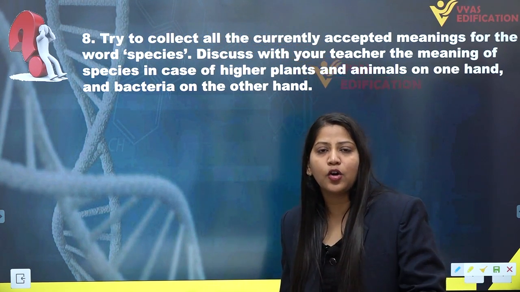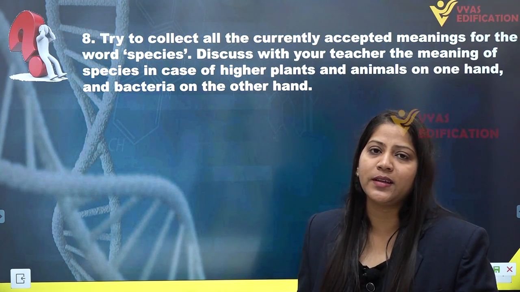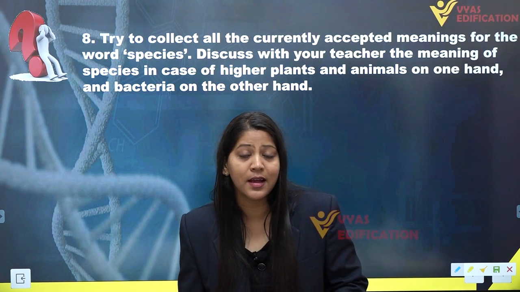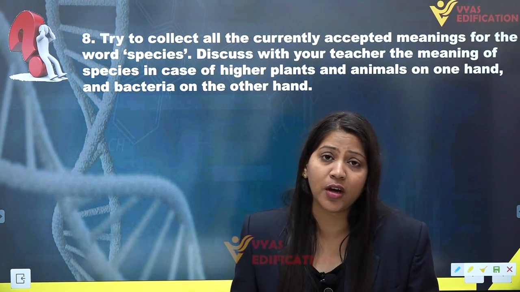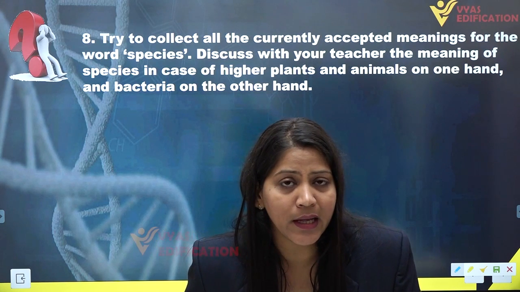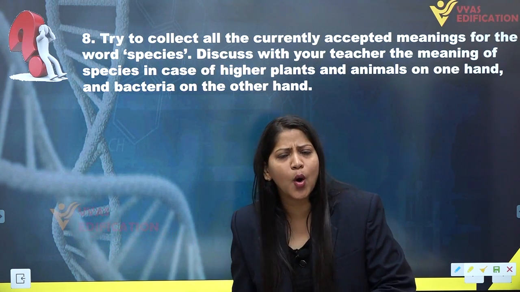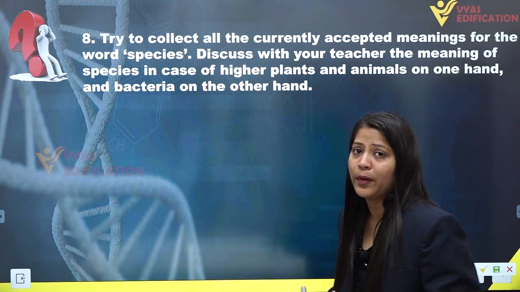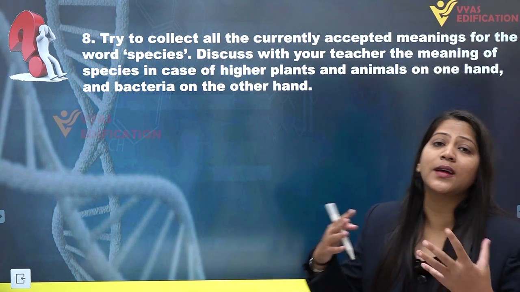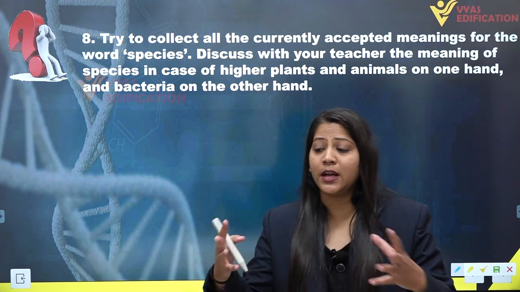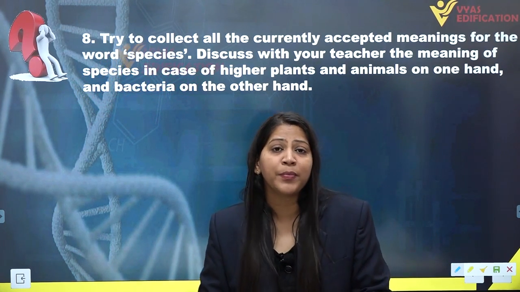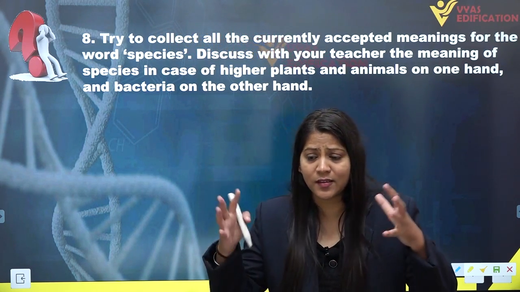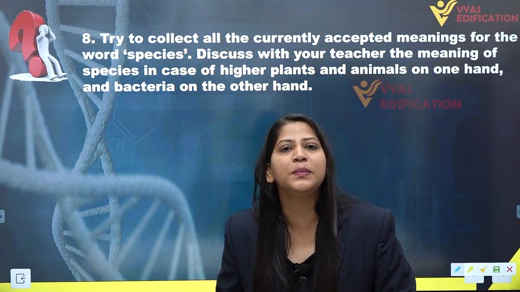So, a group of organisms with similar structural and functional characteristics that can breed in nature with each other only and can have close ancestral relations. Alright, so this group of organisms which have close ancestry, which can breed among themselves only, with similar structures and functions also. This whole group is known as species.